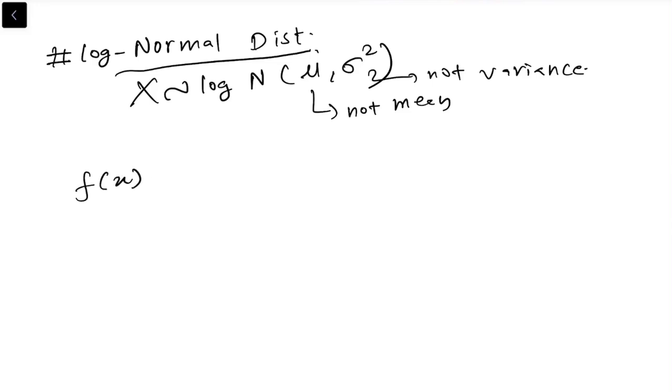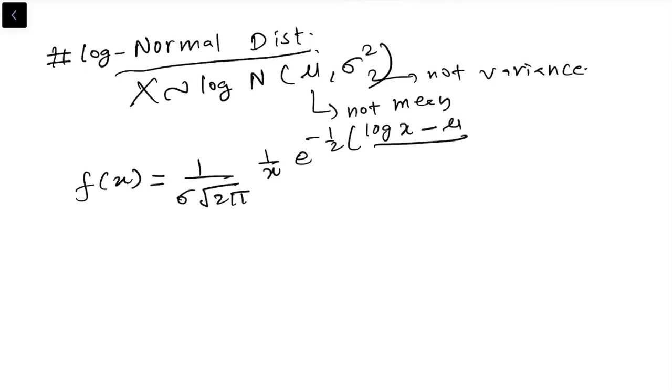and the PDF of the log normal is 1 over sigma square root 2 pi, 1 over x, times e to the power minus half, log x minus mu divided by sigma, whole square. Okay, so you can note the difference between the normal and the log normal.